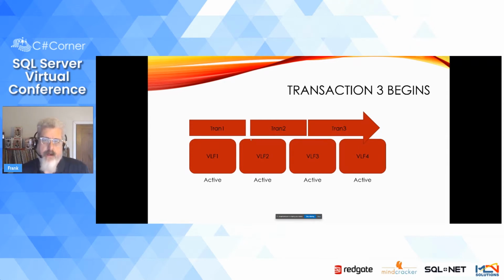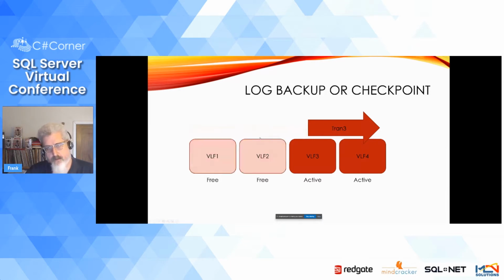So at this point, if I run a log backup or a checkpoint, depending on the recovery model of my database, I free up VLFs 1 and 2. VLFs 3 and 4 are still active because Tran 3 is currently open, and SQL Server may need to roll that transaction back so it maintains those VLFs as active.